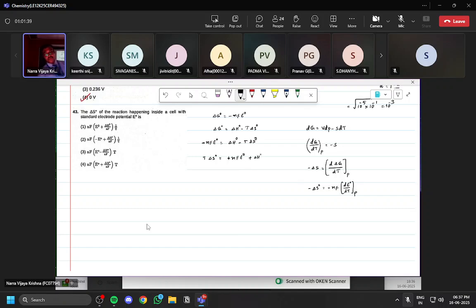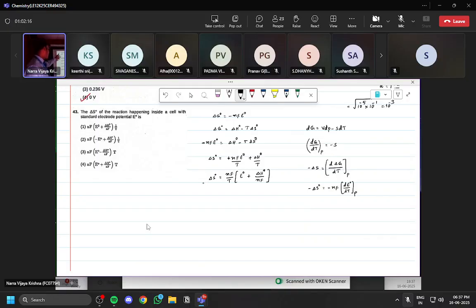Correct? Divide the total equation with T. Take NF common. NF common or NFT common? Can I take NFT common? NF upon T common. I am taking NF upon T common. What is left? E naught plus delta H naught upon NF, right? So this is the delta S naught equation.